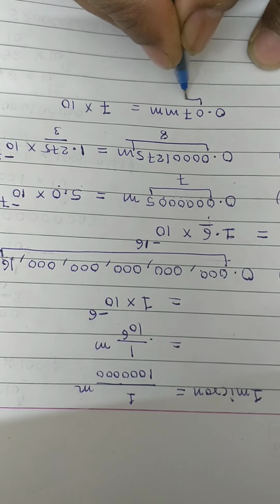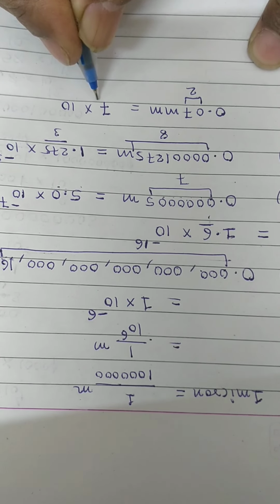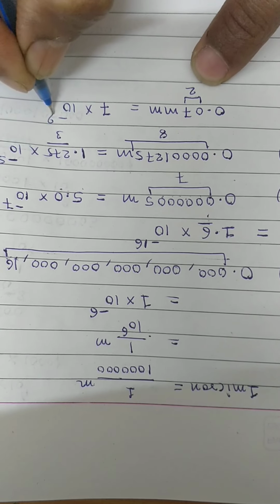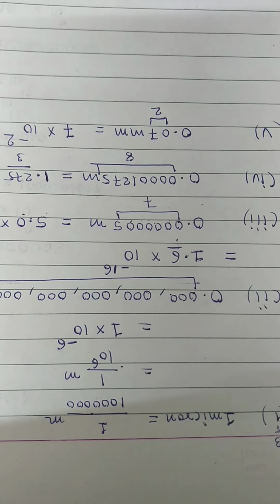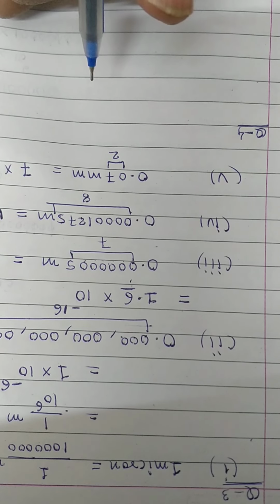Here there are 2 digits after the decimal point, but here there is nothing. That means 2 digits are decreased. So 10 raised to minus 2, so 7 into 10 raised to minus 3 is your answer.